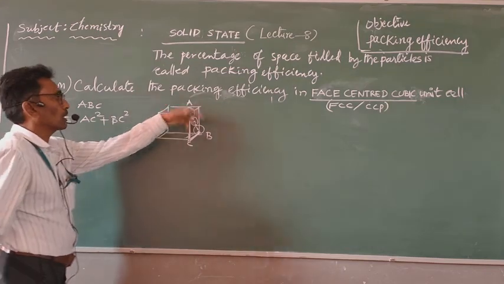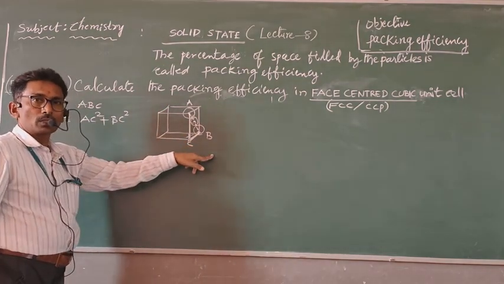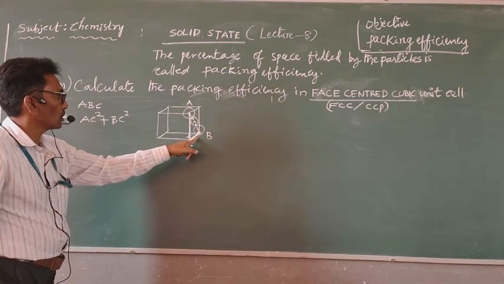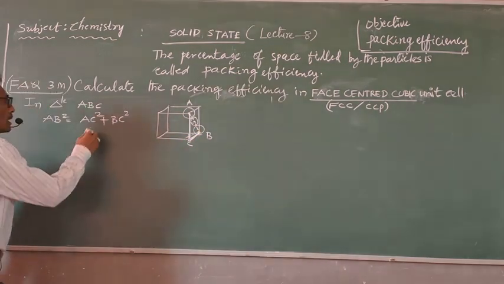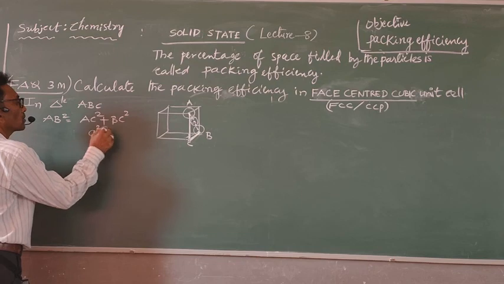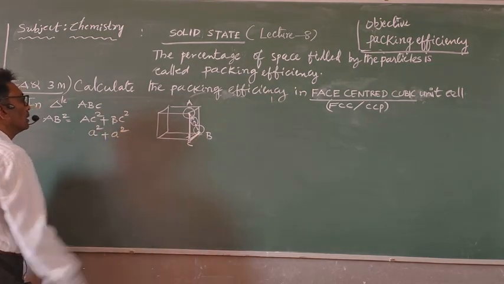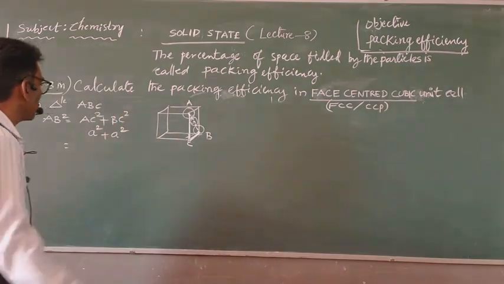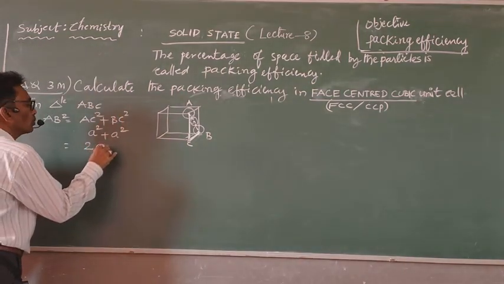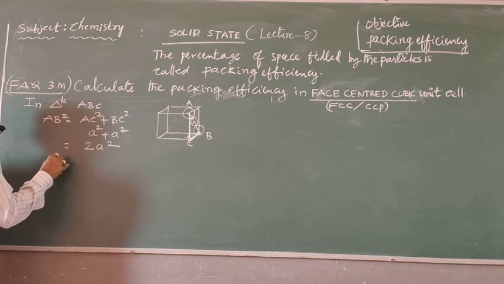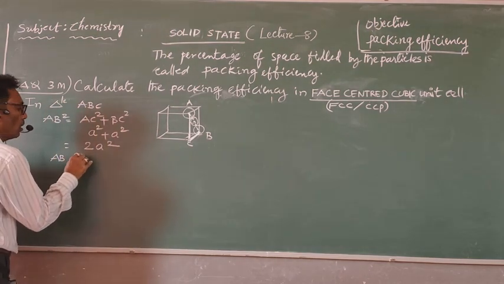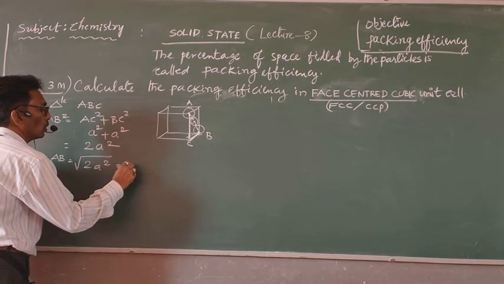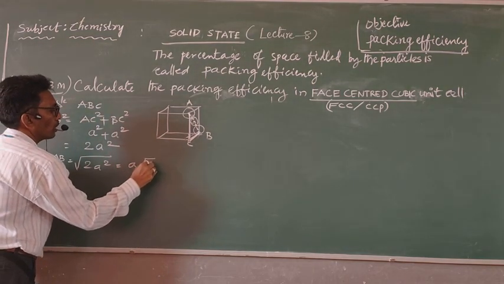In what way you are marking the name of the dots, in that way you have to follow. Hypotenuse square is equal to side square plus side square. Side length is a, so a square plus a square, 2a square is the answer. Now, BC is equal to under root of 2a square, that is equal to a root 2.